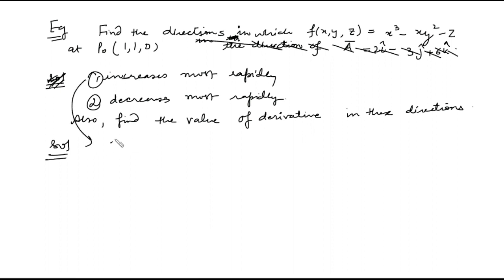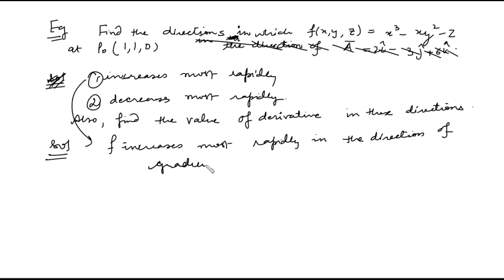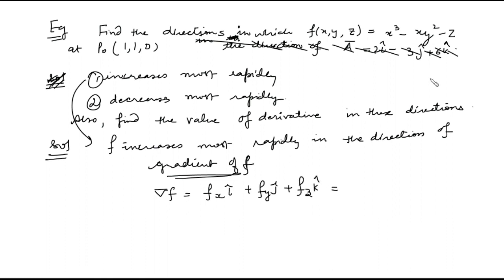Since we know that f increases most rapidly in the direction of the gradient of f, we'll find out del f. What is del f? It is the partial derivative of the function with respect to x, with respect to y, with respect to z. Now what is this value? This is (3x square minus y square) i minus 2xy j minus k cap.